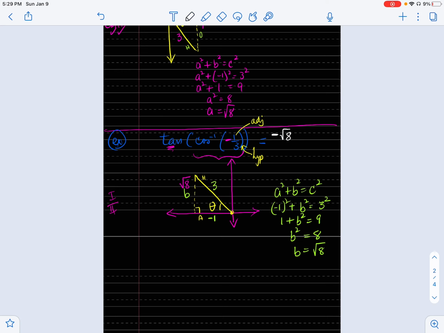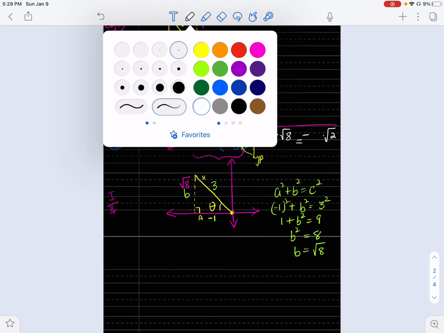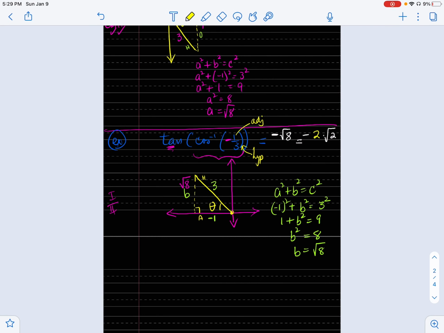So that's the answer, but I was like, wait a second, √8 is not simplified all the way. √8 can be written as √4 times √2, and then √4 is never left like that. We shall use 2 for it. So -2√2 is the simplified form to accept that answer.